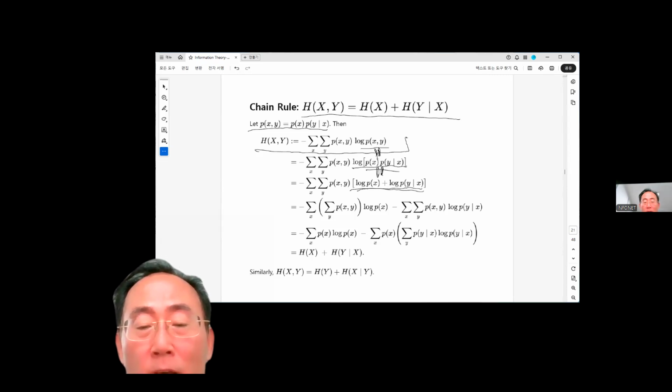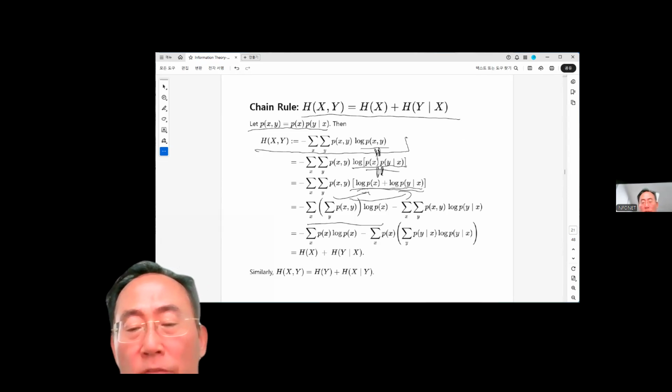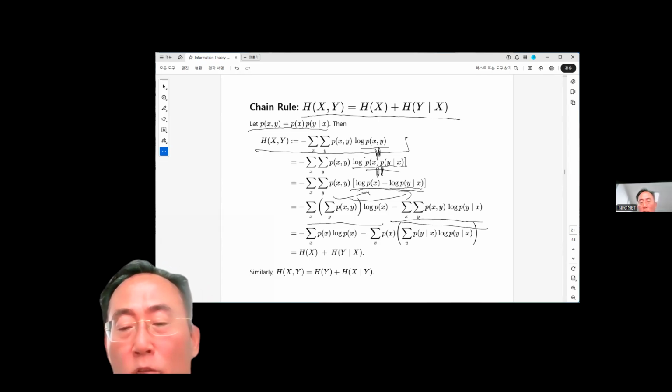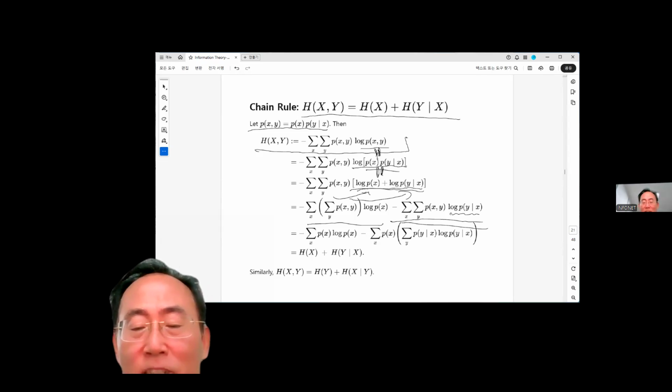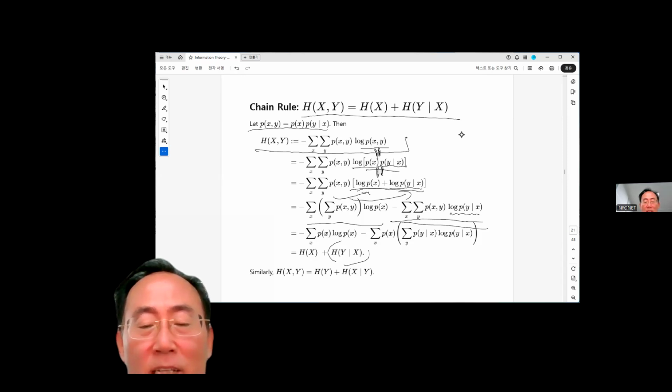And you distribute these two terms, then we get the first and the second. Then the second item, when you take a look, its argument is this one, so that is nothing but H of Y given X. And when we take a look at the first part, this summation over y, if you have done it first, then that is nothing but p of x. So after you have done that, you notice that this is nothing but H of X.